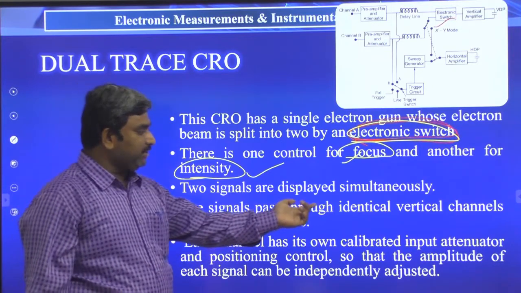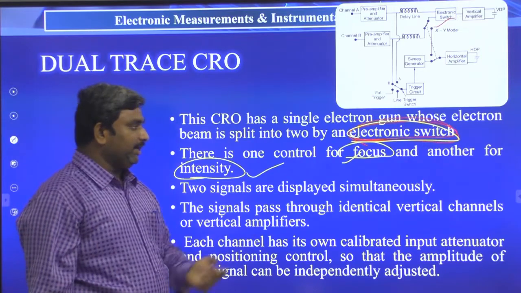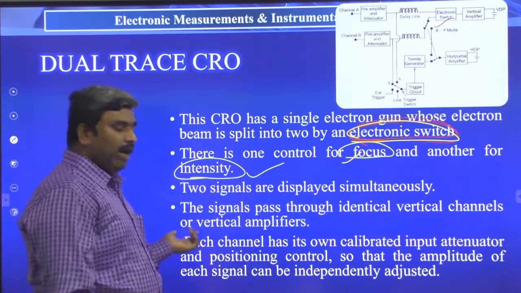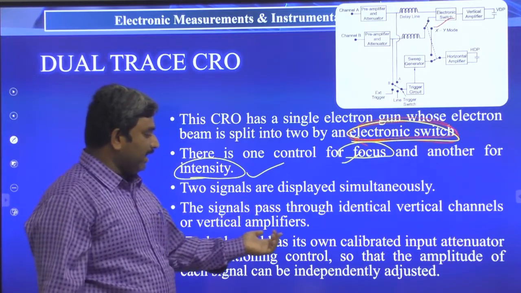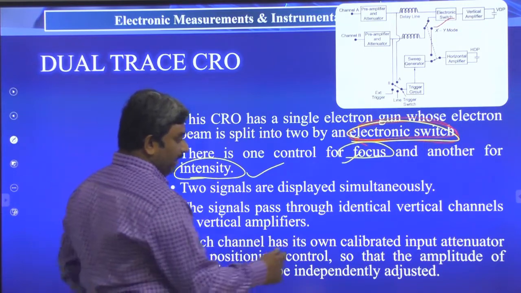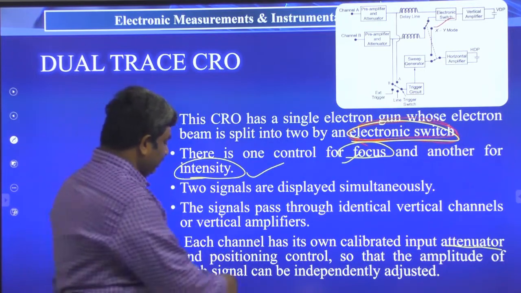The signals pass through identical vertical channels, that is vertical amplifiers. So here we have two identical vertical channels and two vertical amplifiers. Each channel has its own calibrated input attenuator, its own calibrators and attenuator circuits, and positioning control.